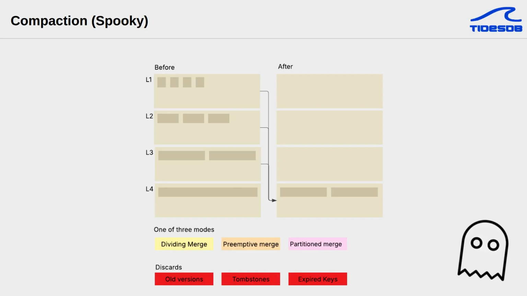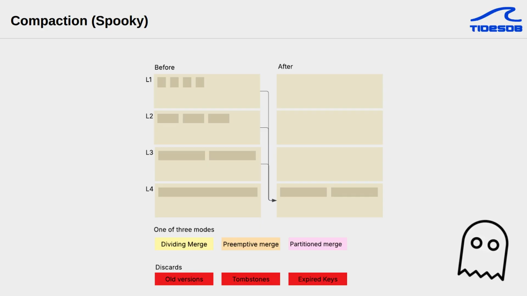So we discussed how in the LSM tree we have multiple files that can live through multiple levels. Now we have to deal with this using compaction. The goal of compaction is essentially to reduce read amplification.